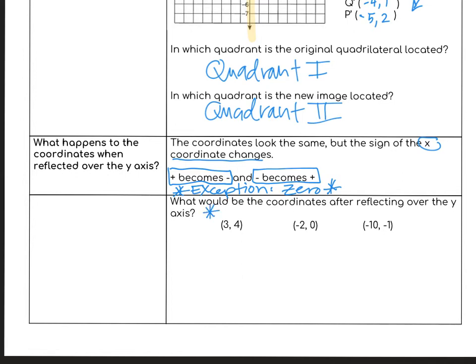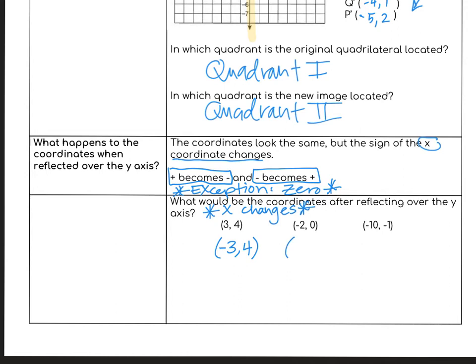Okay, so let's take a look at some coordinates and figure out what the new coordinate would be for the reflection over the y-axis. So we know that x is what is going to change. So I want you to write x changes. Okay, so we have a +3 originally, so our reflection is going to have a -3, and we're going to leave our y the same.